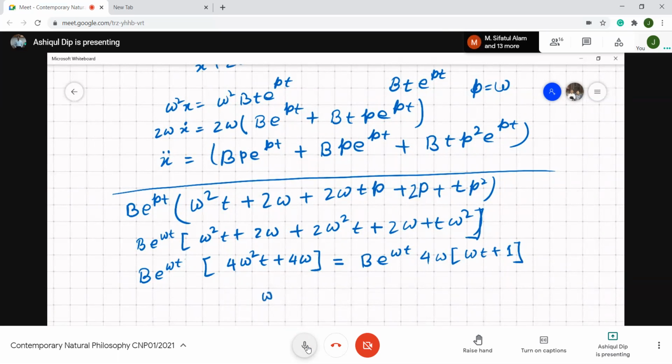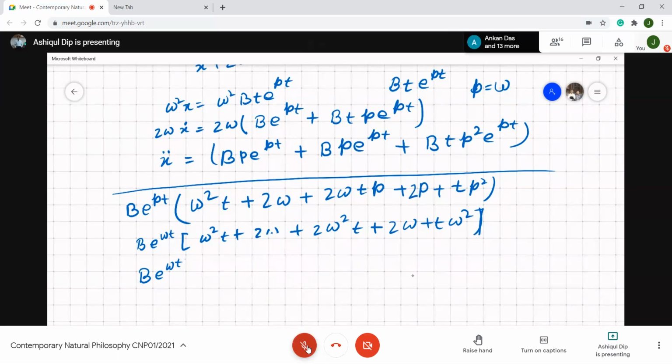Like we need to use omega square plus 2 omega p plus p square. It's not omega p, it's omega t, right? Like 2 omega t. If we factor out t, then omega square plus 2 omega p plus p square equals 0. Okay, let's do it again. Sorry. So if we factor out t, that's what you are trying to say. Yeah.